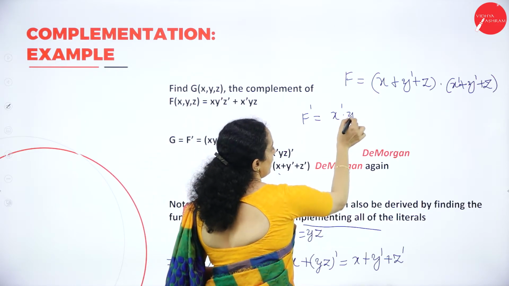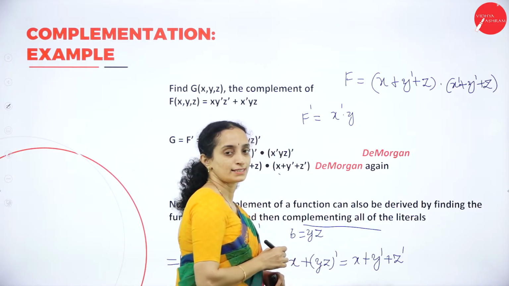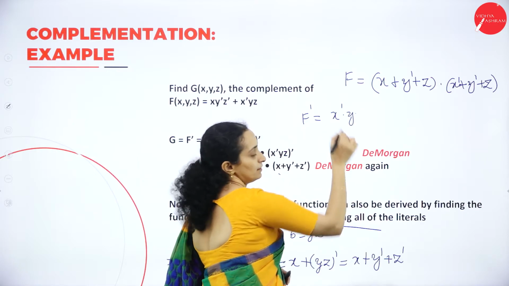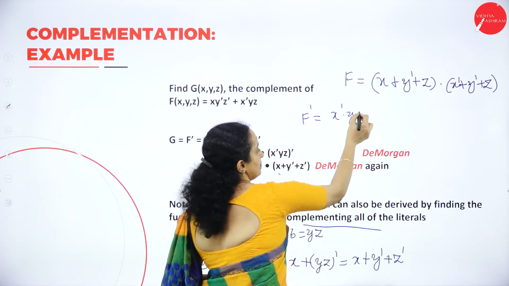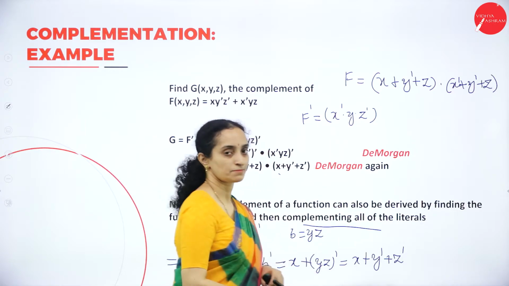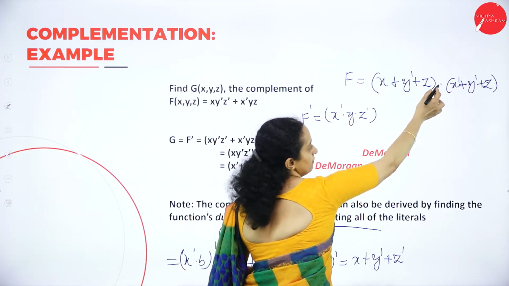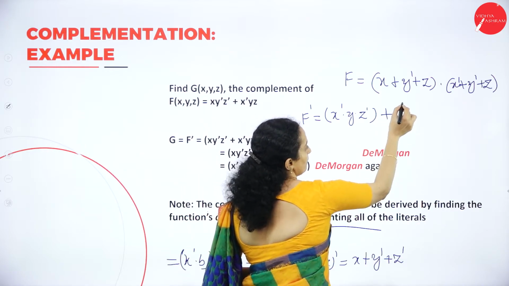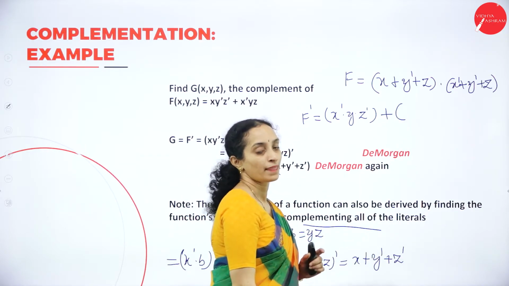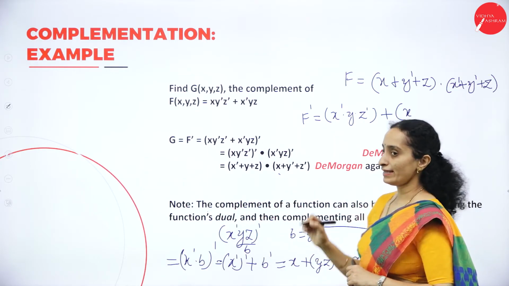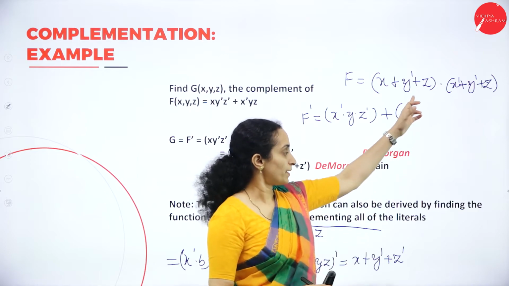Y dash is there, interchange it with y. Plus is there, make it the dot operator. Z is there, make it z dash. Again we have the multiplication operator, change it to plus. Again we have x dash, make it x. Plus is there.